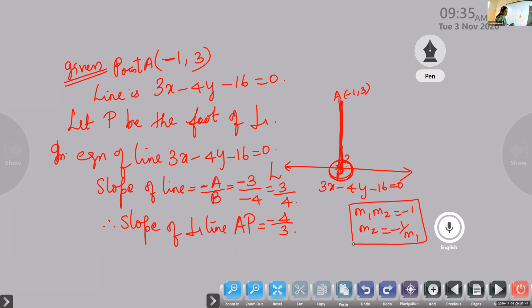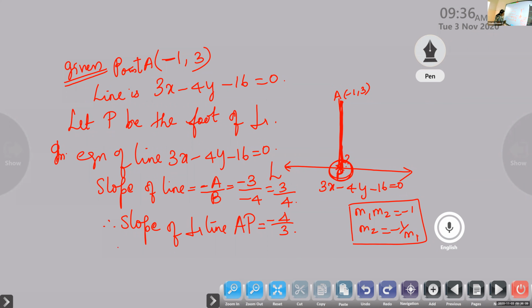If two lines are perpendicular, the product of the slopes is minus 1. So we got the slope of the perpendicular line as minus 4 by 3.